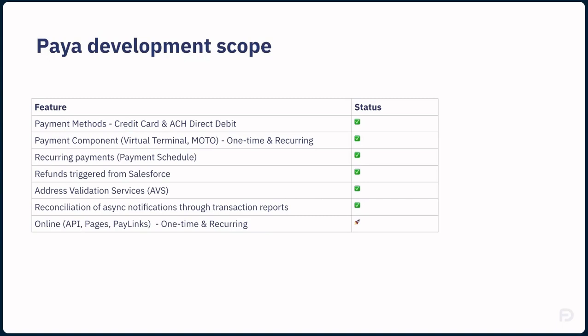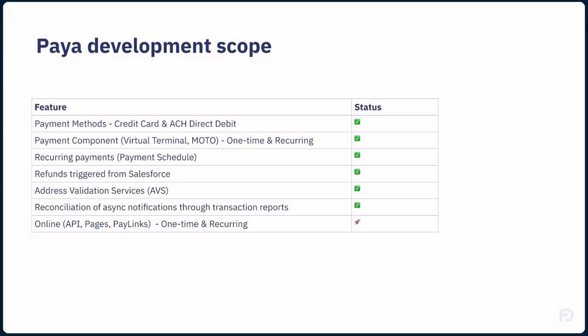As part of this integration, we have integrated one-time and recurring payments with credit card and ACH direct debit, first through offline channels with our virtual terminal, and recurring payments with payment schedules, which is how Paya is used most. And we've also added refunds triggered from Salesforce, address validation services, specifically for Paya, which I'll talk a bit more about later.